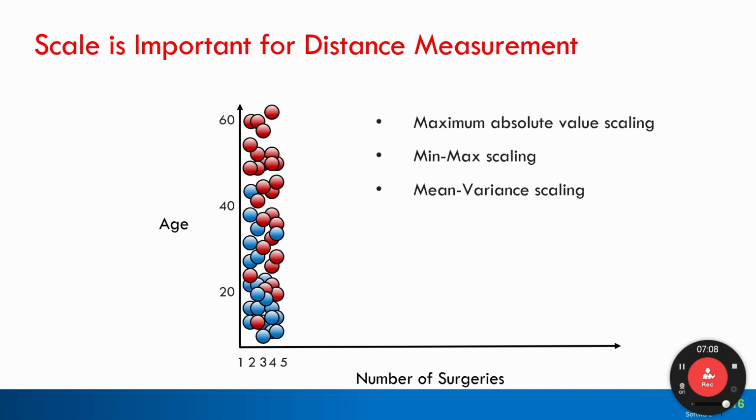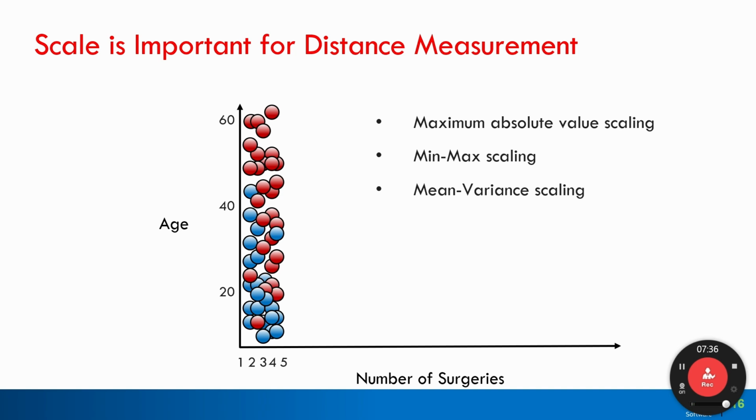When calculating the distance, the scale of data is significant. Let's look at an example. The number of surgeries on the x-axis is relatively tiny, ranging from 1 to 5, relative to the patient's age, ranging from 10 to 60. The patient's age has a wide range variance, so it will dominate the distance calculation.